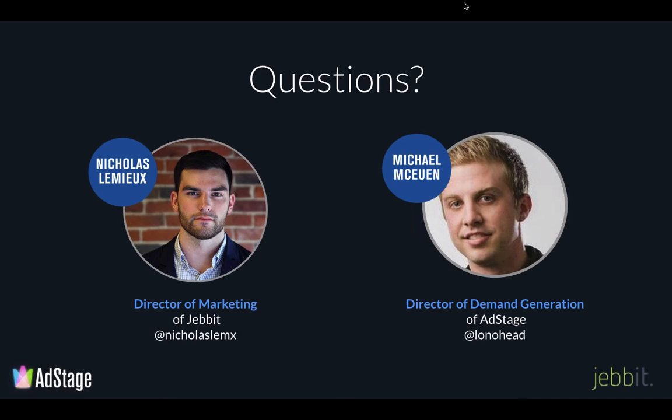So post-click marketing technologies, in contrast, provide the majority of the functionality, but also complement other technologies I mentioned. A lot of marketing automation tools like Marketo and HubSpot provide some of these post-click features, but there are also platforms out there like Jebbit that specialize solely in that post-click experience.